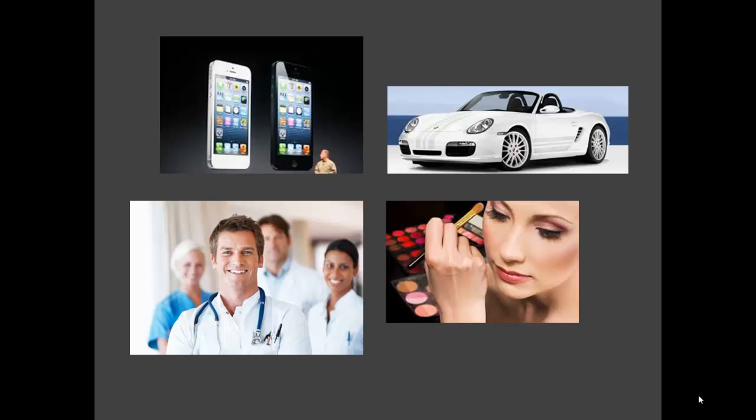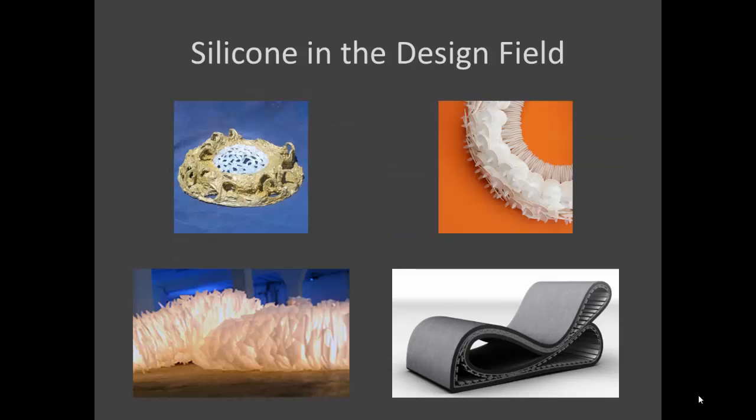In medicine, it's used extensively in a lot of prosthetics and plastic surgeries. And in cosmetics, it's used in Hollywood a lot as makeup artists, as costume design. So it's used in a wide variety of fields with a wide variety of applications.